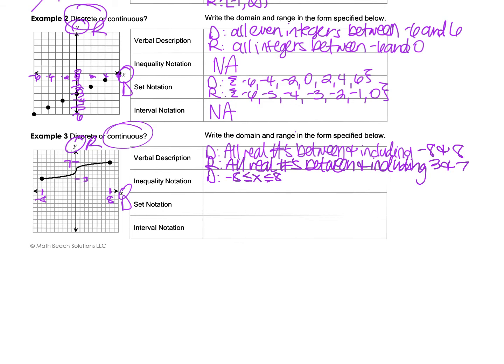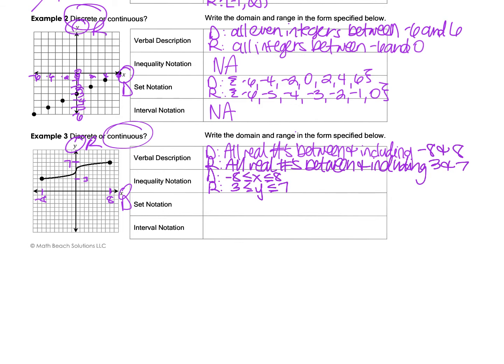Okay, so then the range, looking at the y-axis, that's between 3 and 7, so make sure you include a y on this. So 3 is less than 7, so use your less than symbols, and then it also includes those two values. So there's your inequality notation there. Again, that's probably something you're used to from Algebra 1.